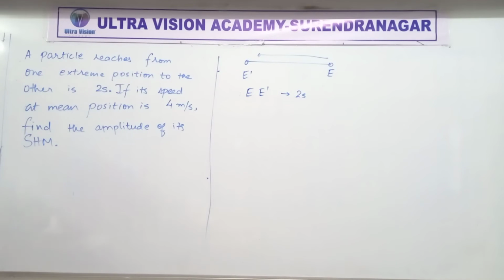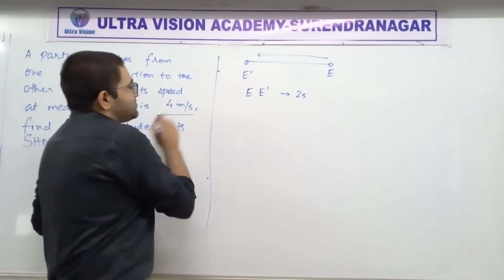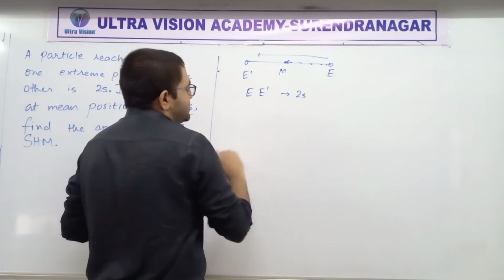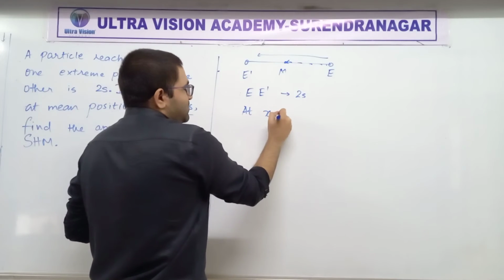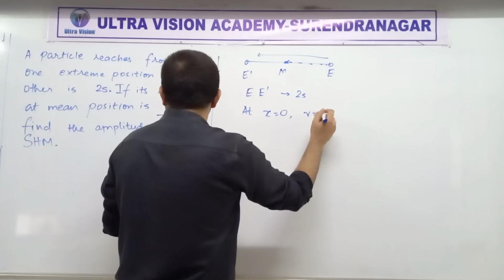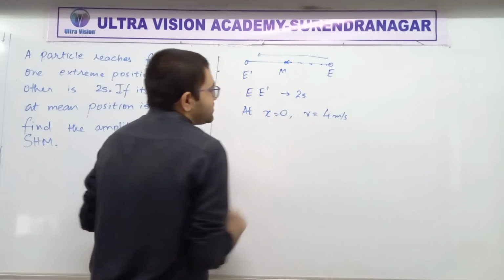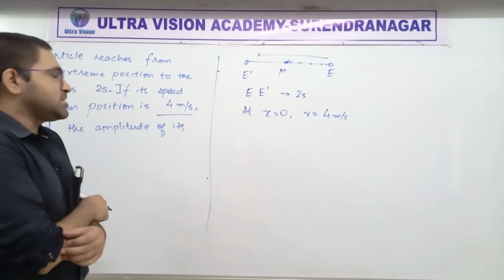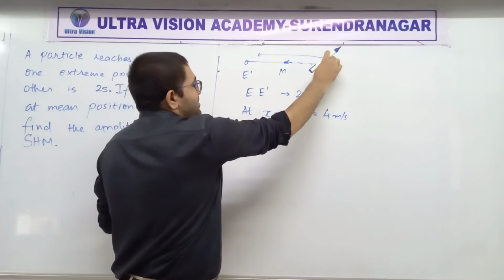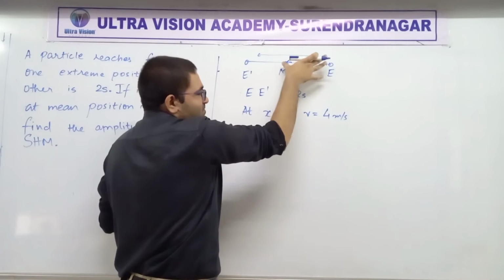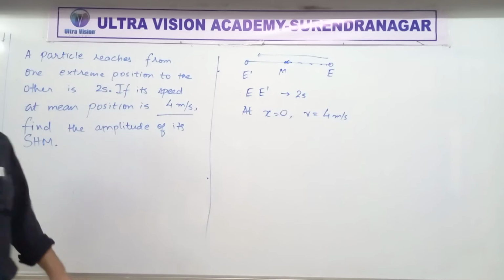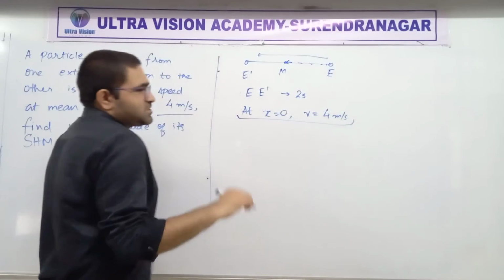Now based on this information, and that at the mean position, while it's moving like this, at x equal to 0, v is equal to 4 meter per second, using these two things, we have to find out the amplitude of its simple harmonic motion. That is, as it starts to move from here to there, we have to find how much is the amplitude.